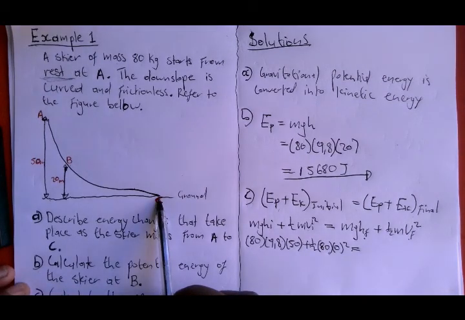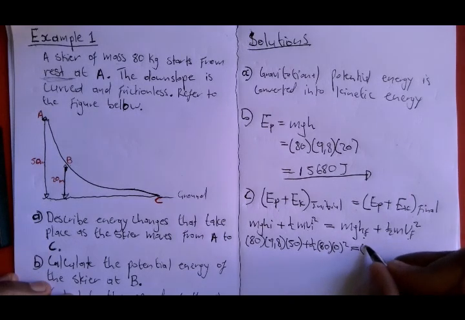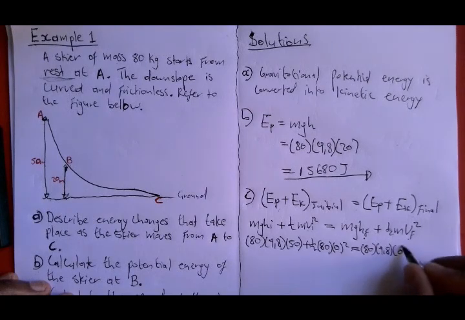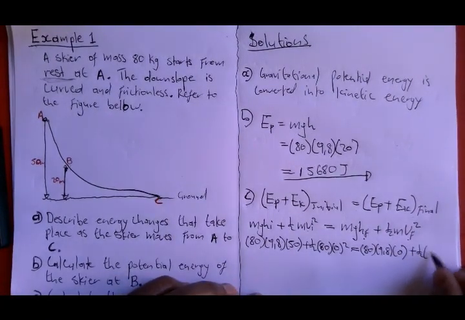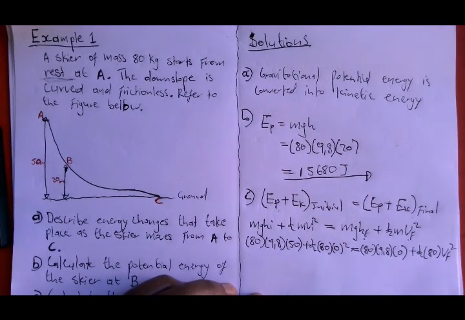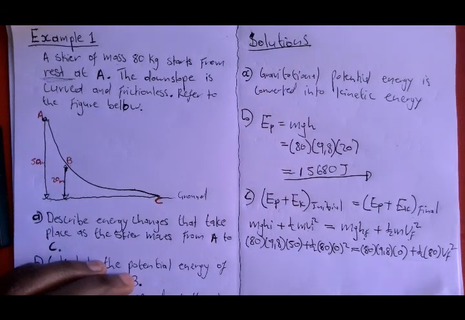At C, we know the height is 0. So this is going to be 80 times 9.8 times 0 plus half times 80 times vf squared. That's what we are looking for.